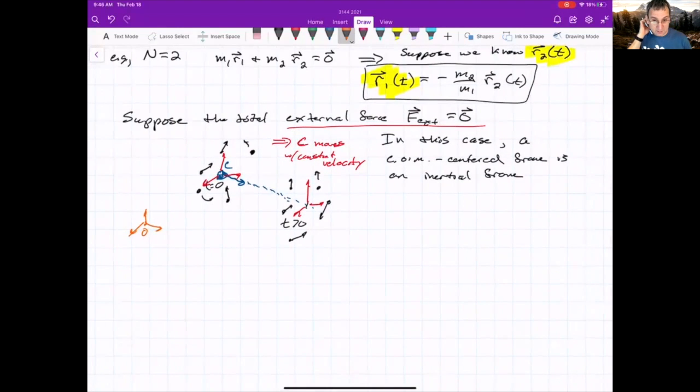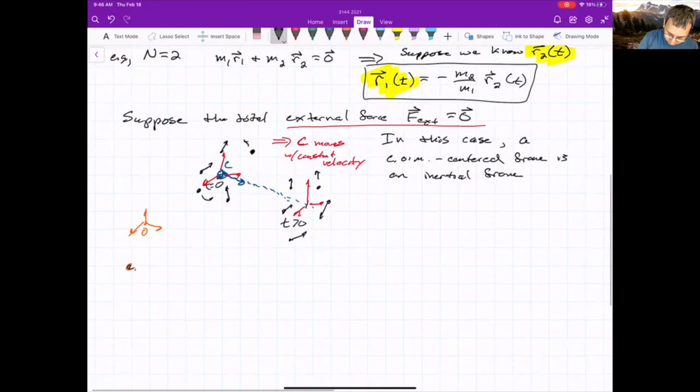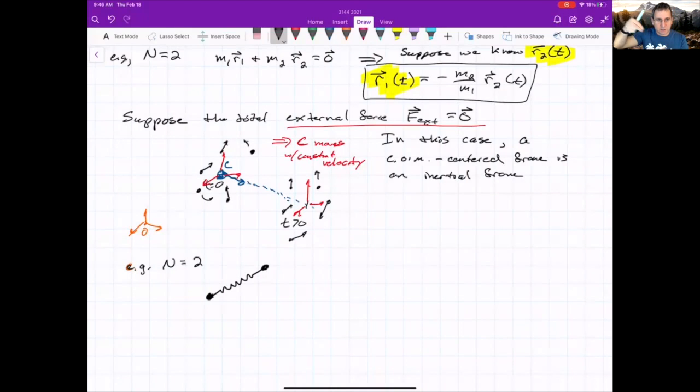So what about an n equals 2 situation? Here's an n equals 2. Suppose I've got two particles just connected by a spring. It's a linear spring. It doesn't bend. So it just makes sure that the particles are moving back and forth. If it was just these two particles and the spring connecting them, then they have a center of mass. Maybe one of these is much bigger than the other.